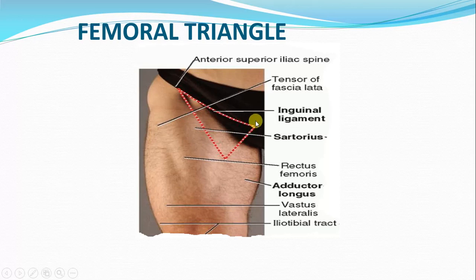If we imagine a line running obliquely from the pubic tubercle and joining the line formed by the sartorius, this part is the medial side of the thigh, and in it are present the adductors of the thigh, adductors of the femur, adductors of the hip joint.